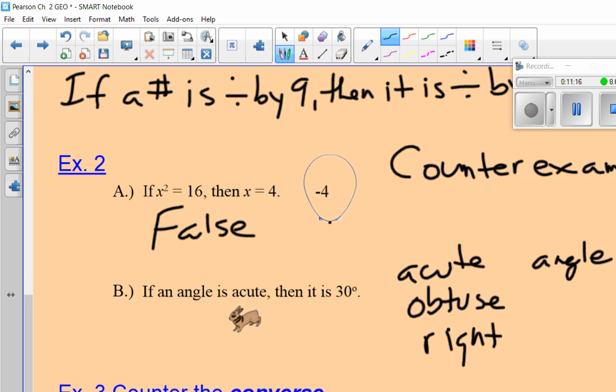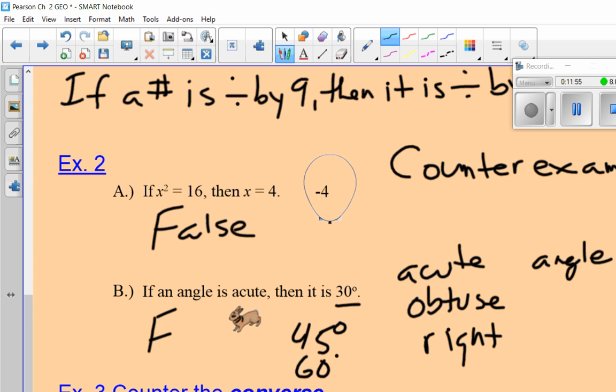Technically that's true, 30 degrees is an acute angle, but it's saying the only way an angle can be acute is if it's 30 degrees. Well, I can say an angle is 45 degrees, it's still acute. I could say an angle is 60 degrees, it's still acute. So I've come up with something to make that not true.